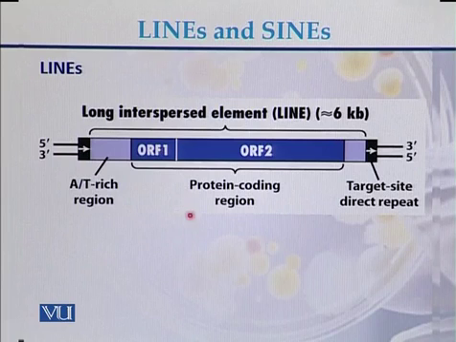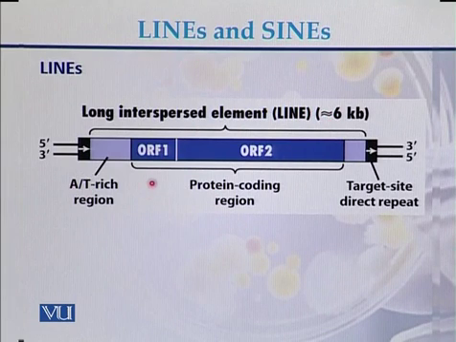This is a typical diagram of LINEs. The LINE consists of approximately 6 kb of DNA, and we can see there are ORF1 and ORF2, and on both ends there are untranslated regions.